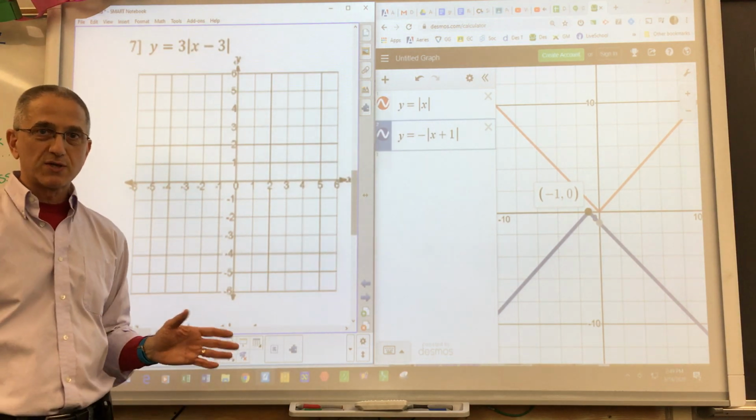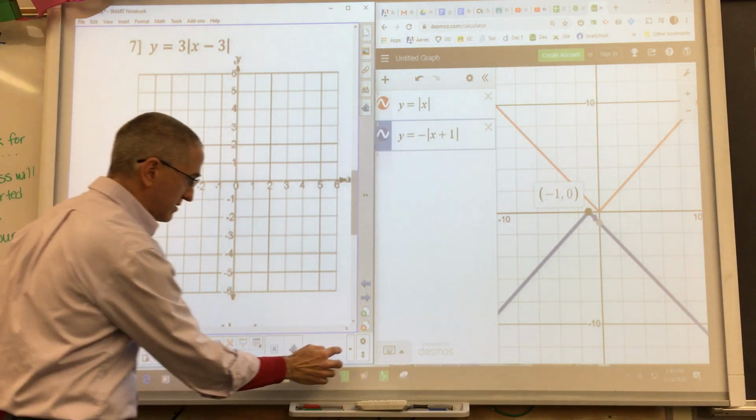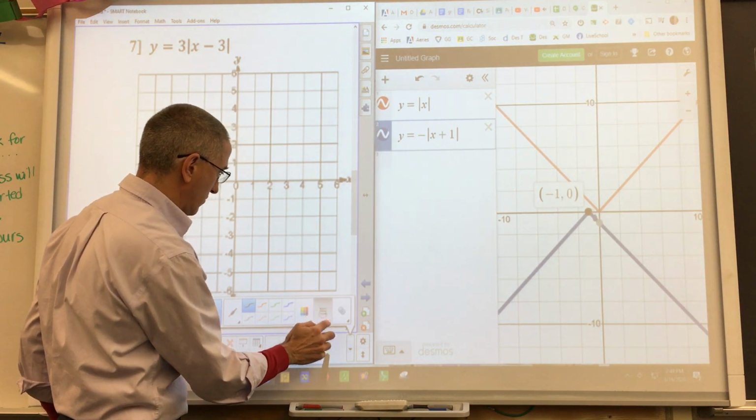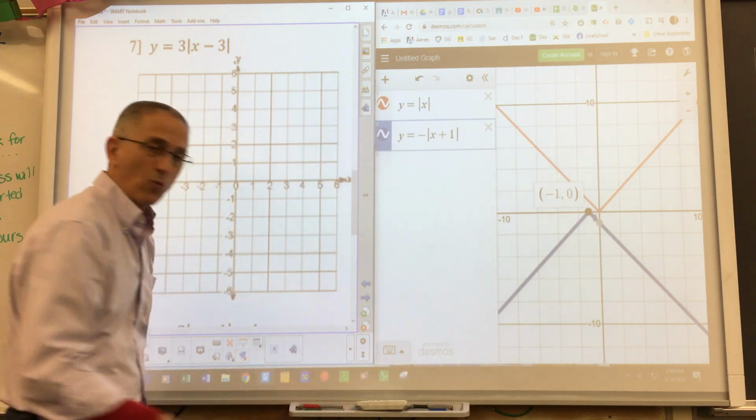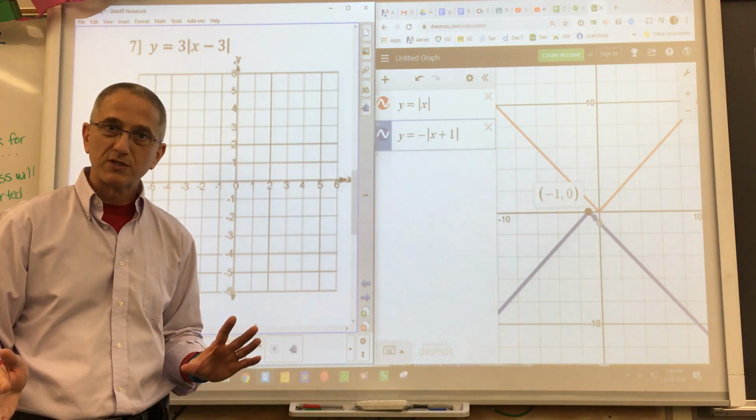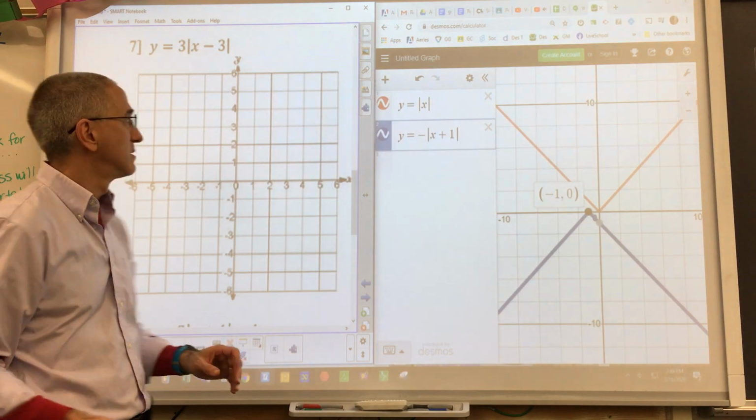You can use Desmos to graph this, but once you know how the graphing works, you don't need Desmos.